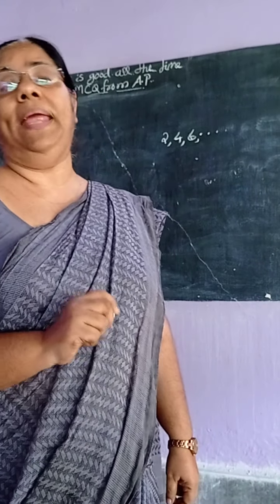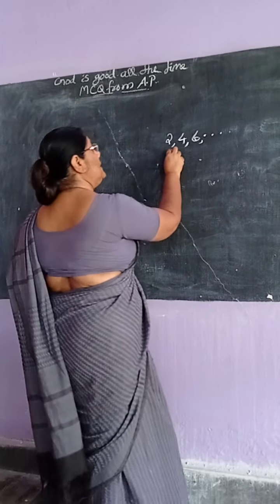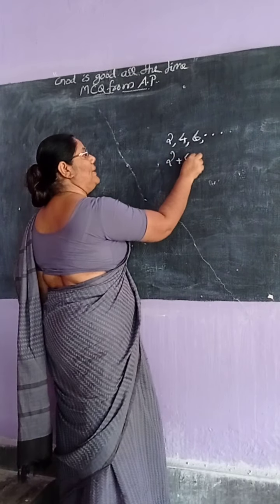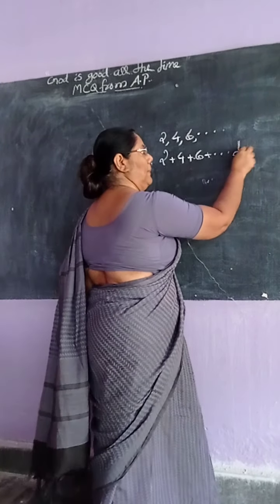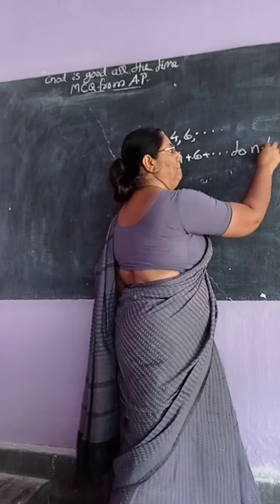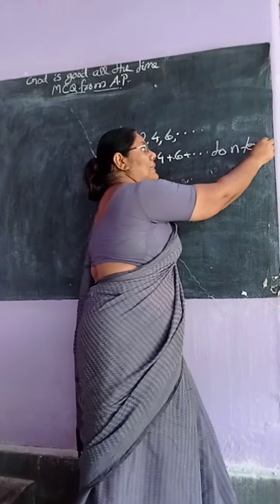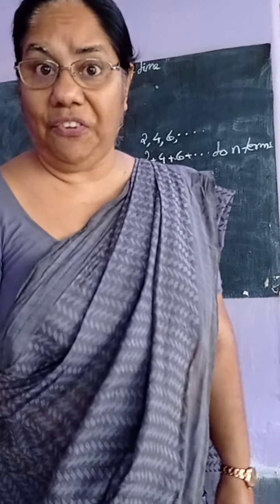And if you separate the numbers using plus or minus signs, 2 plus 4 plus 6 plus etc. to n terms, it is known as a series of numbers. Understand the difference between sequence and series?